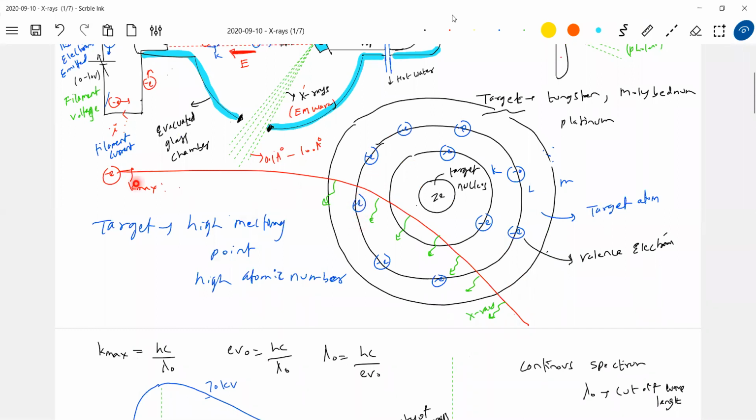When this fast moving electron collides with a valence electron, it will dislodge it, it will knock out that valence electron. So can it happen? Yes, it can happen.